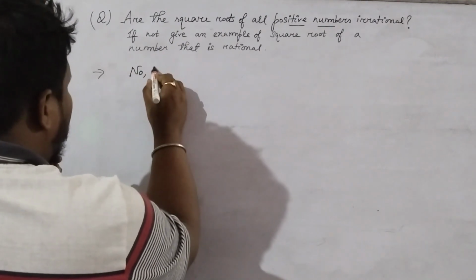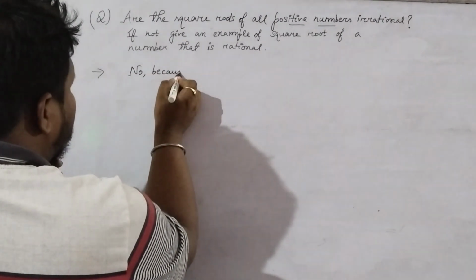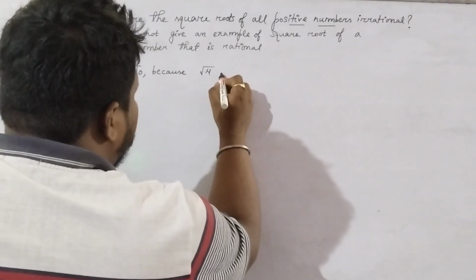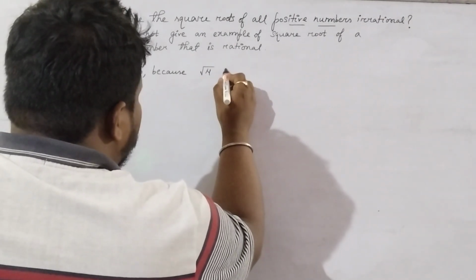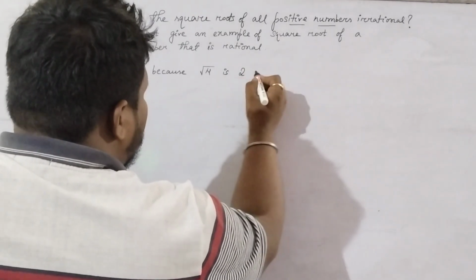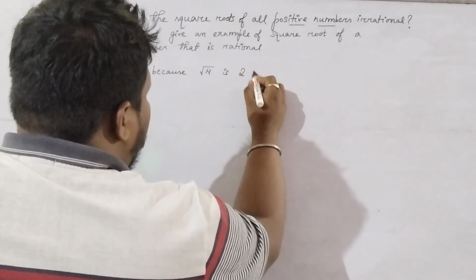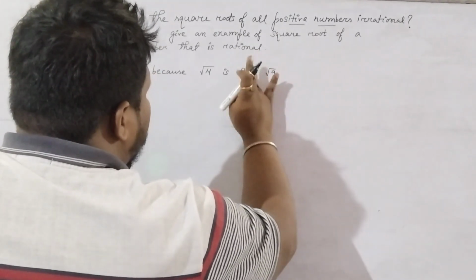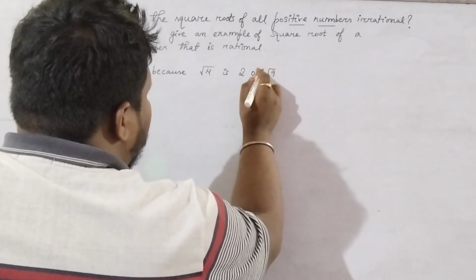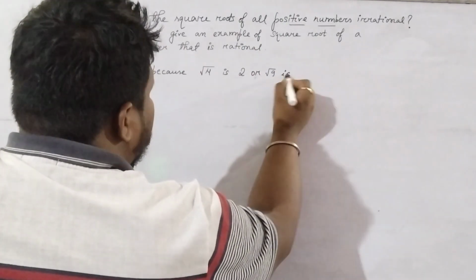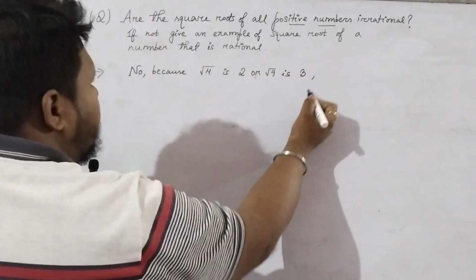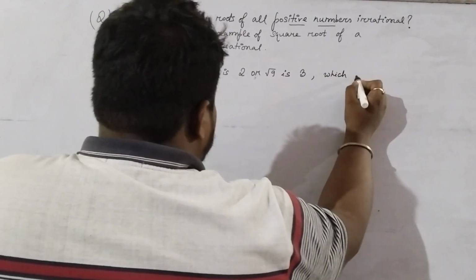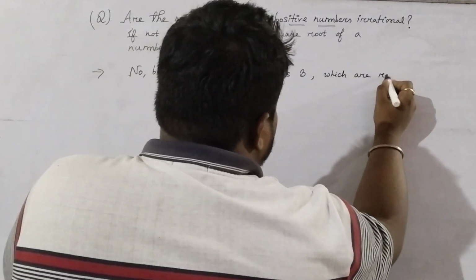No, because root over 4 is 2, or root over 9 is 3, which are rational numbers.